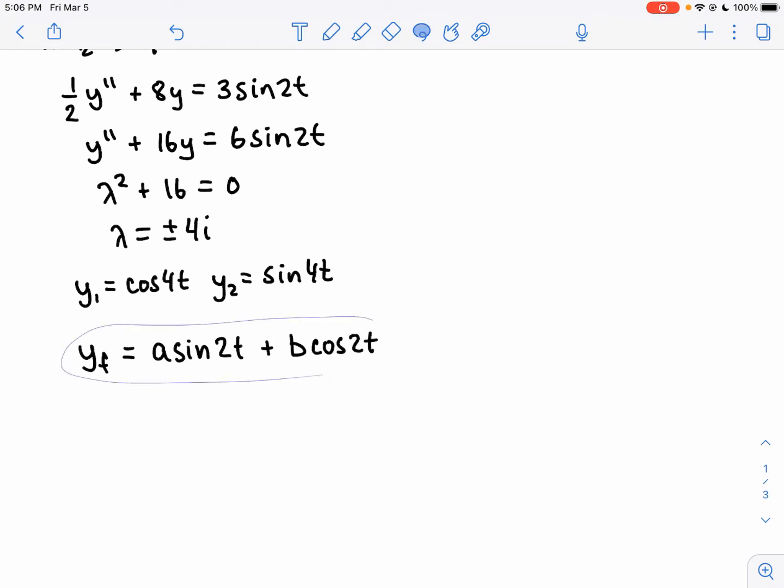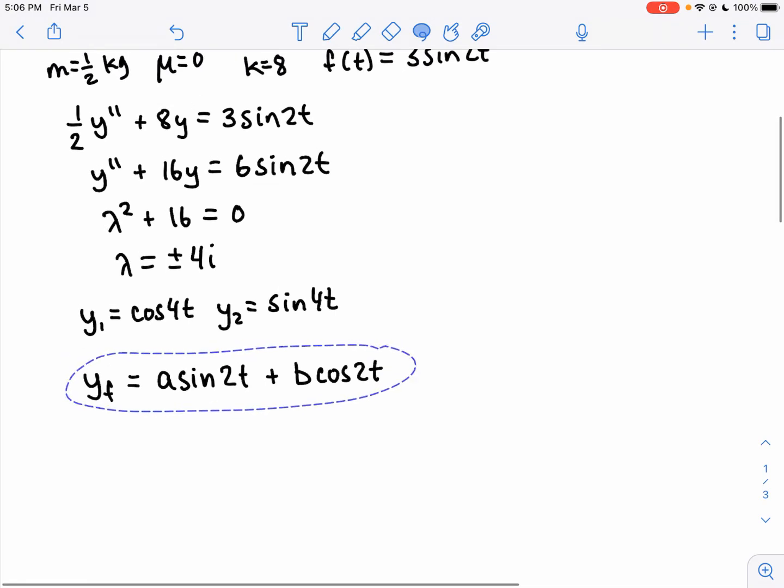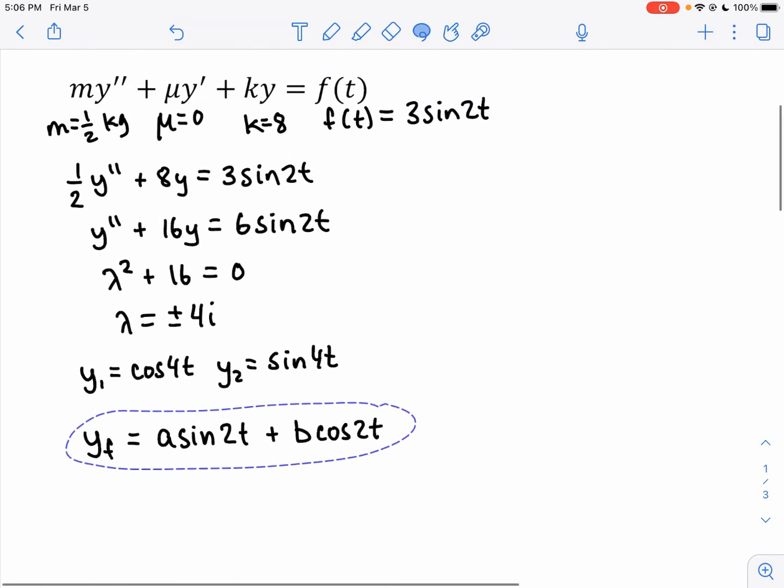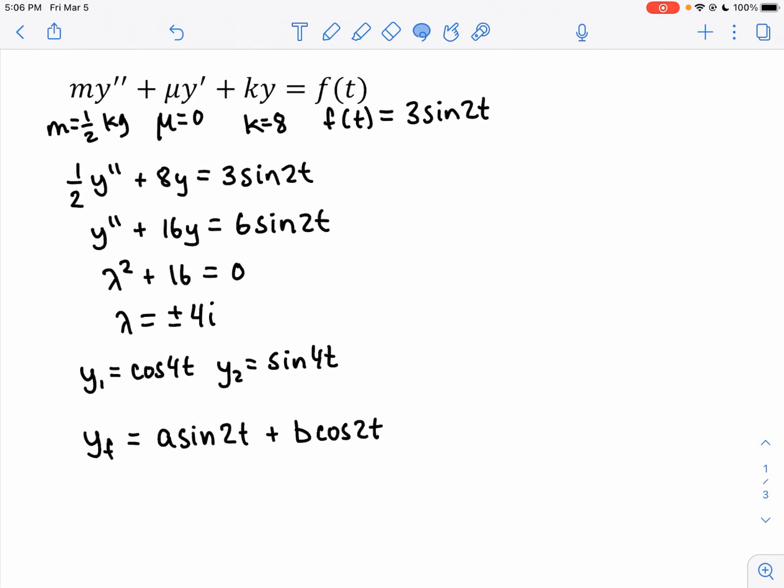Now we're going to take this template, if you will, for the particular solution to the inhomogeneous differential equation and plug it into this differential equation and see if we can determine what the coefficients a and b need to be.